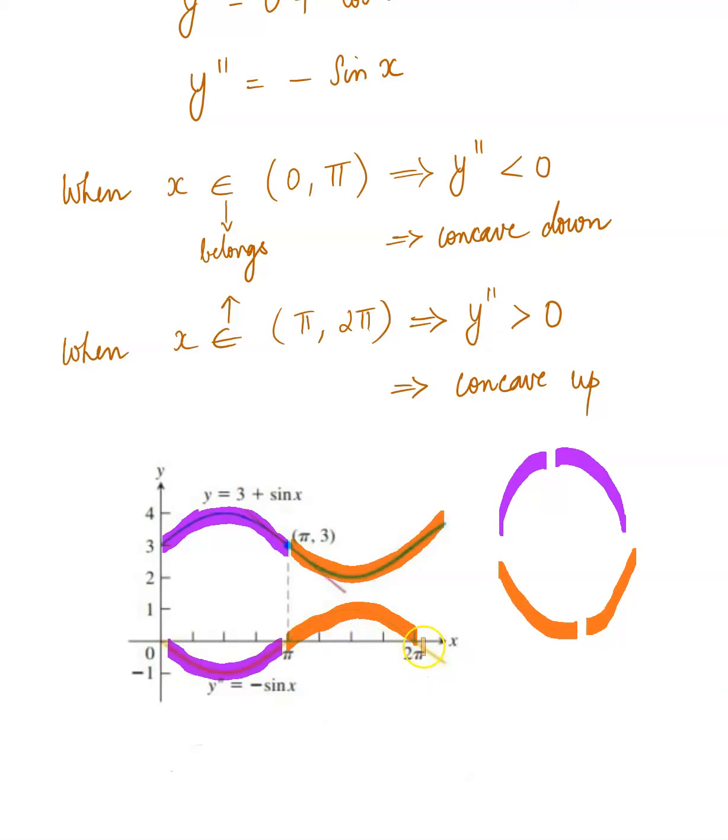After 2 pi it goes down, so it's going to be concave down again. But we are only looking at the interval from 0 to 2 pi, and so you can see this behavior. And that's the reason why we really like the algebraic version of this, because you can actually use the information of the sign to determine if the curve will be concave up or concave down.